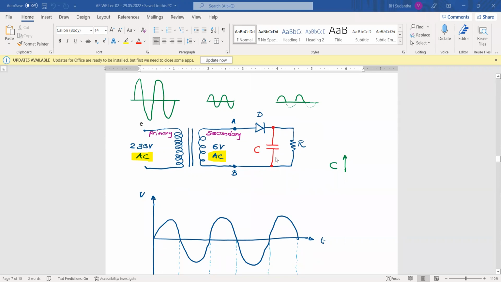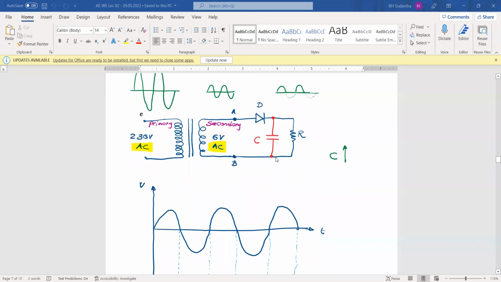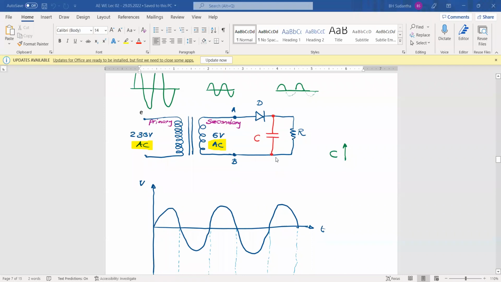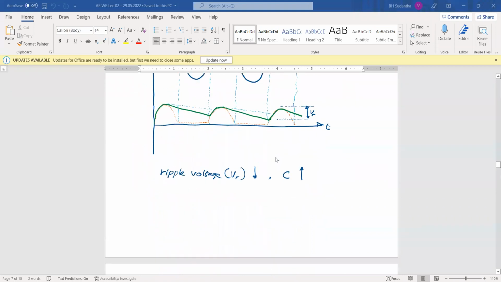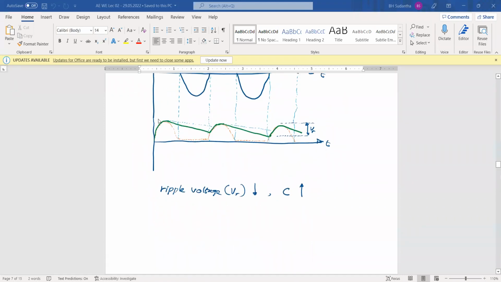We put a capacitor at the output of the full wave or half wave rectified voltage. Then you can see the green trace is the output, and compared to the dotted line, there is a reduction of the ripple.